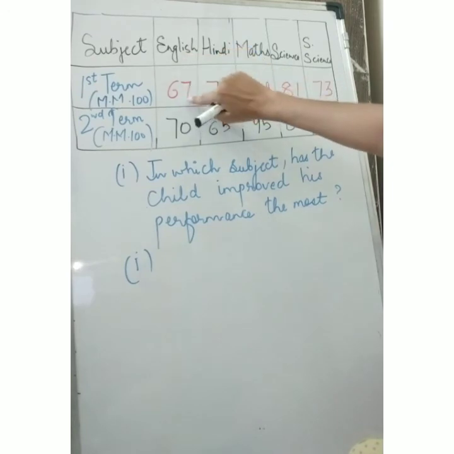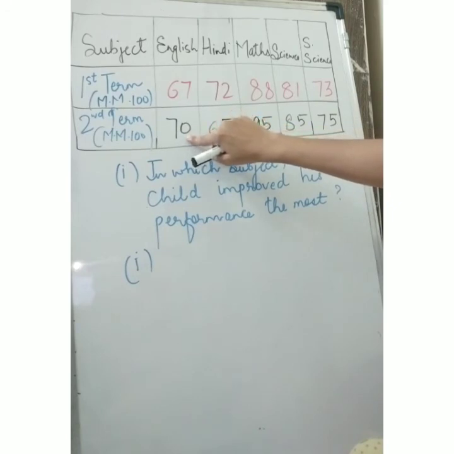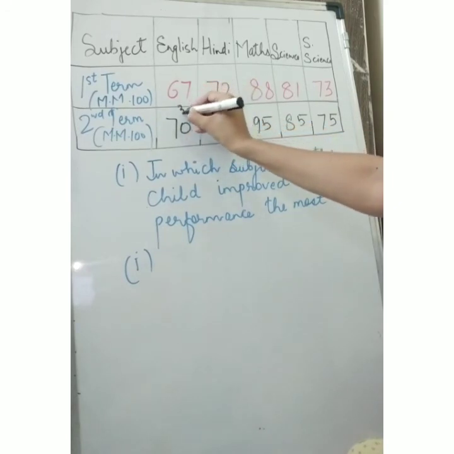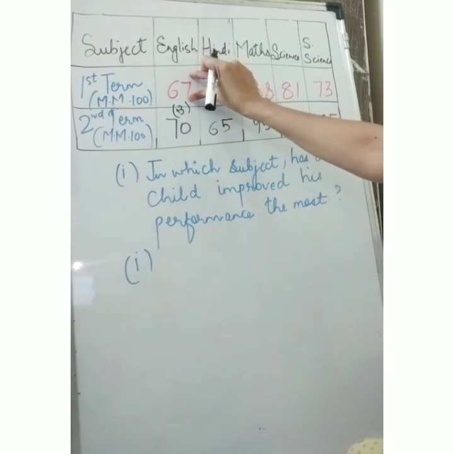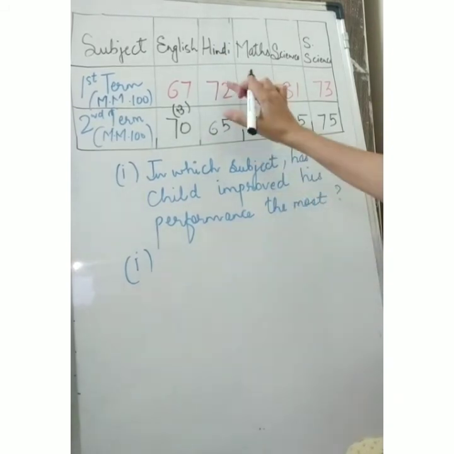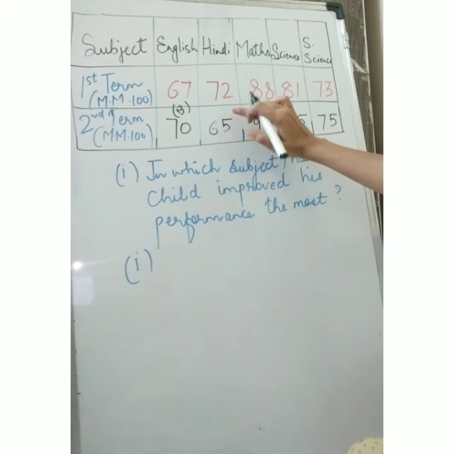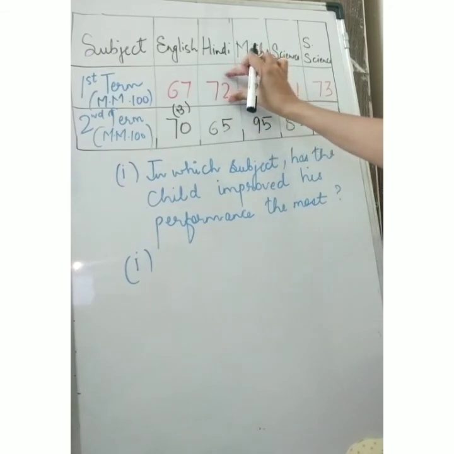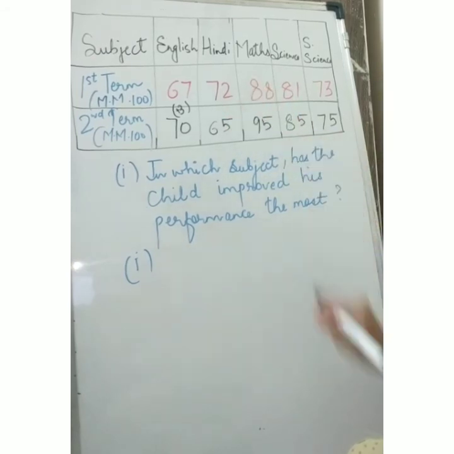In English, in the first term, he or she got 67, and in the second term 70. So there is a difference of plus 3. Now here in Hindi the performance got down, because the student got 72 in the first term, but in the second term he or she got only 65 marks.